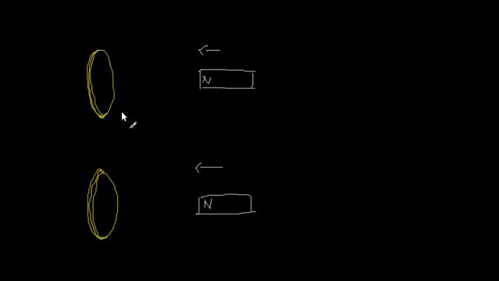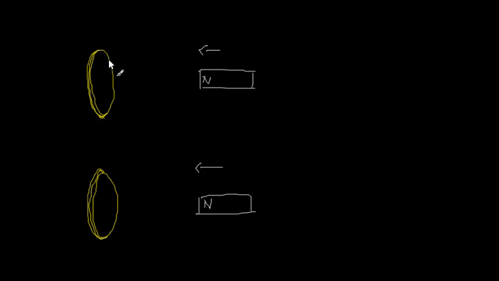That means the magnetic flux through the loop would increase, and therefore a voltage must be induced around the loop. Since it's a continuous loop, there must be a current. So the problem now is to determine the direction of this current.